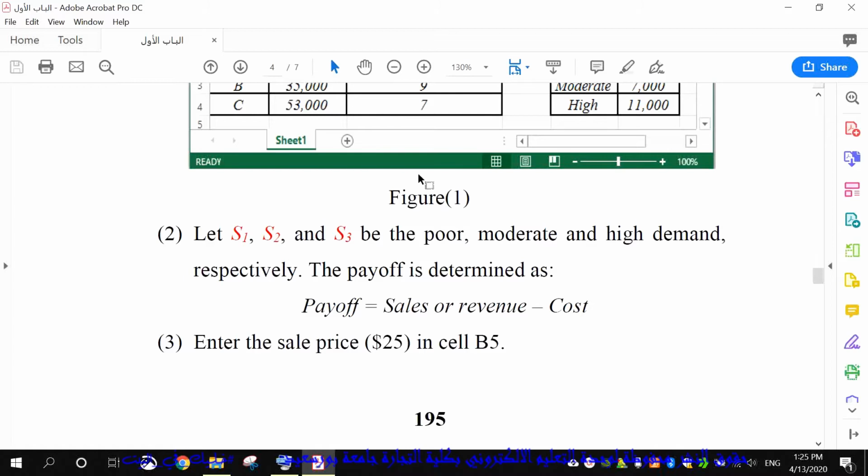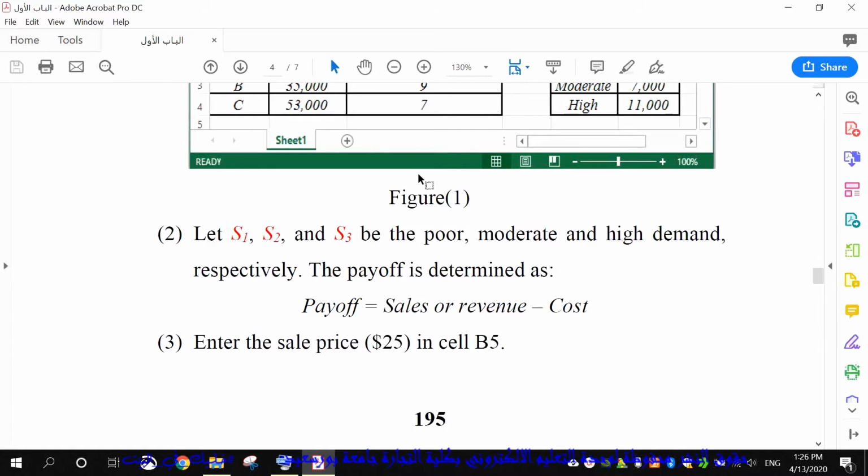And then to calculate the coefficients of the payoff matrix, we have to calculate the profit, since we have sales price and cost. The profit in this case will equal the sales or revenue minus the cost.